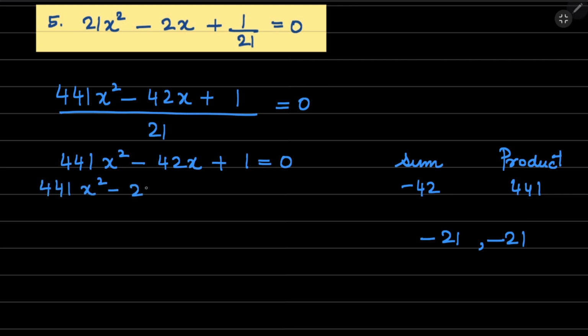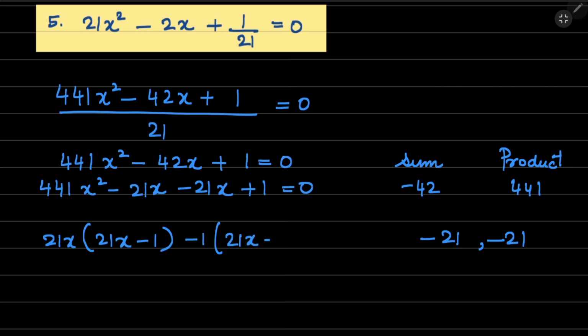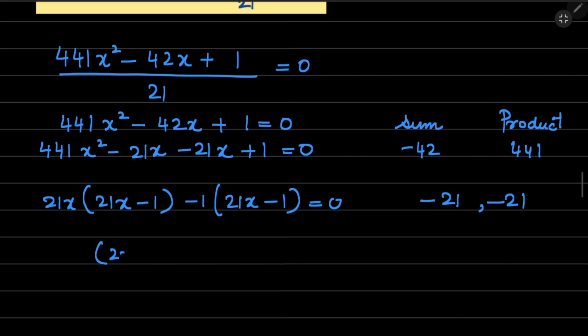441x square minus 21x, again minus 21x plus 1 equal to 0. Take 21x common out. So you have 21x minus 1, again minus 1 common out, 21x minus 1 equal to 0. So the two factors are 21x minus 1 and the other one is also 21x minus 1 equal to 0.